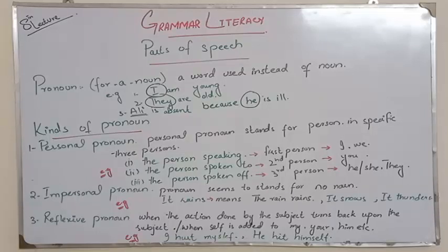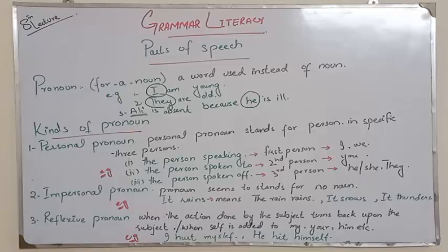Like "I hit myself" or "I hurt myself." Hurt means I'm going to make some problem for myself. Here I am talking about myself. Here "I" and "myself" are both working for only one person, that is I.